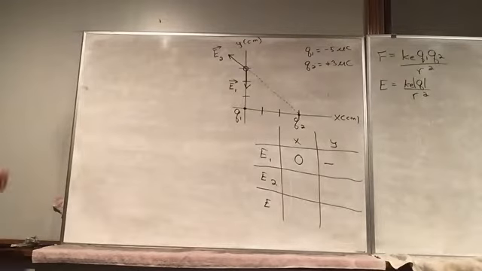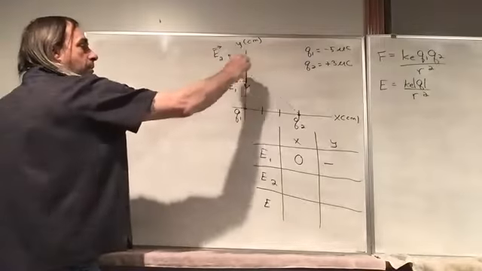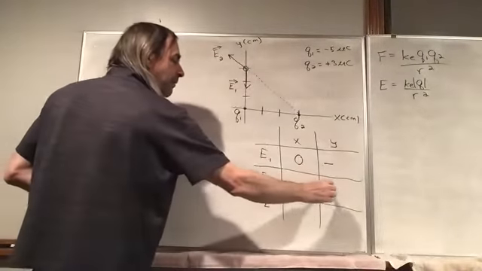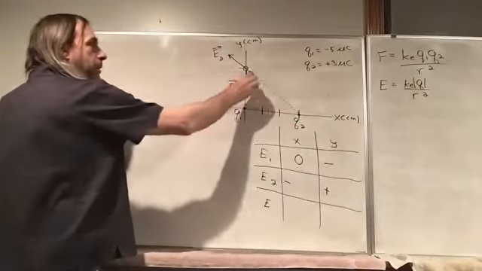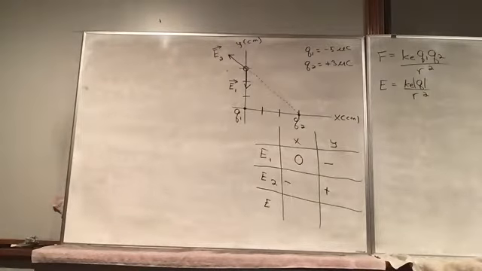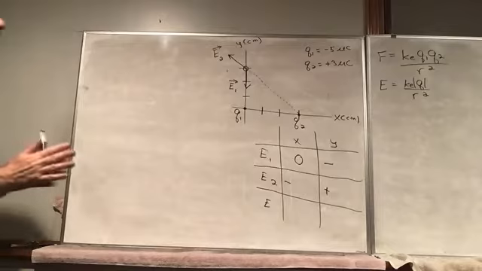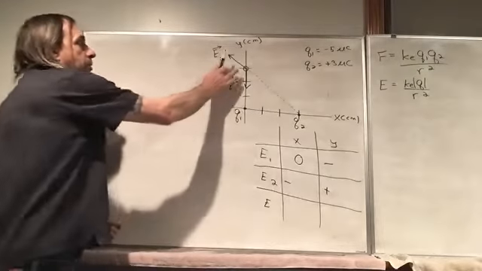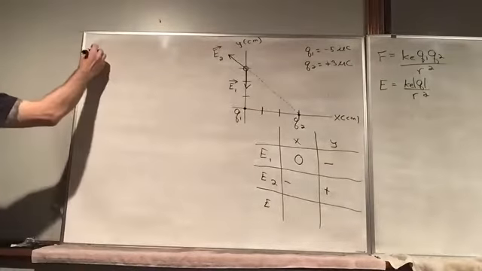So the magnitude won't give us a plus or minus sign. So E2, in the X direction, we're going to go to the left, so that's negative. So we go left and up. So now what we would have to do is find the magnitudes E1 and E2.